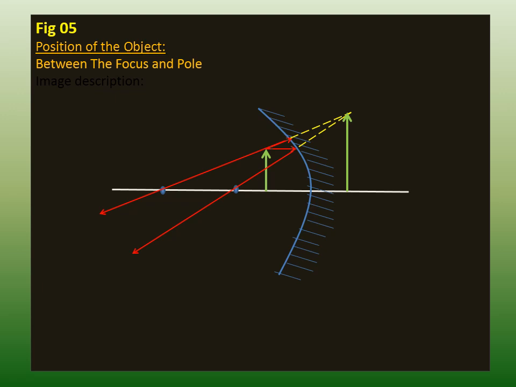That means if you put the object in between the pole and the focus, then you will get a virtual image. It is not inverted, it is erect. This is the description. The position of the image is behind the mirror, size magnified, and nature is virtual and erect. You must draw these figures in your copy and practice again and again. We will go with the next slide.